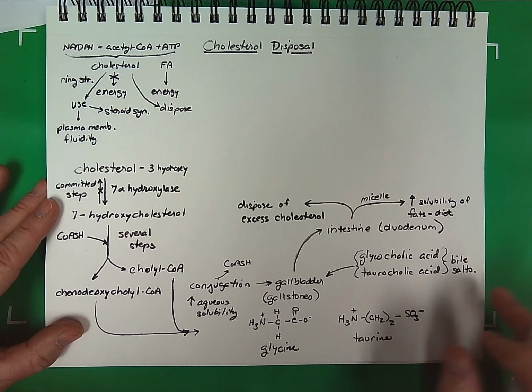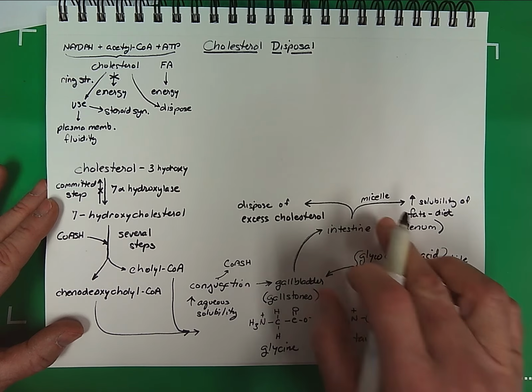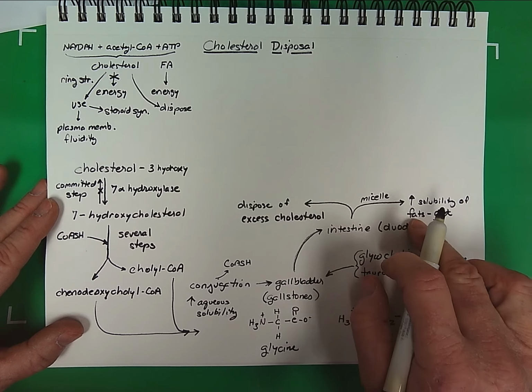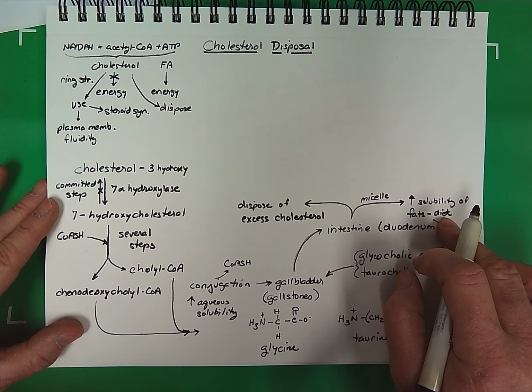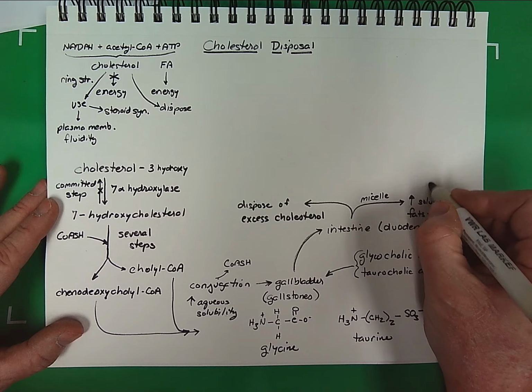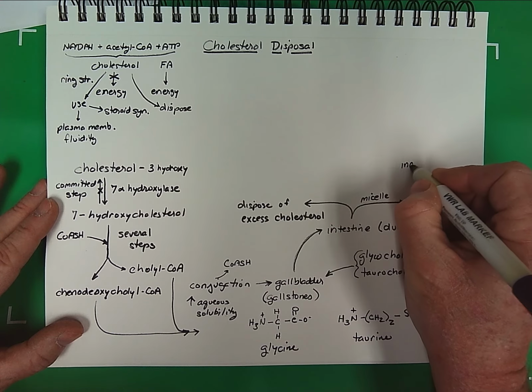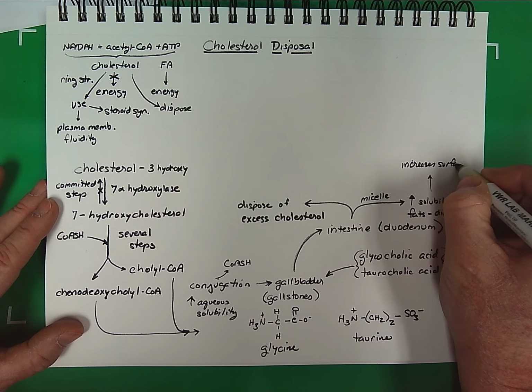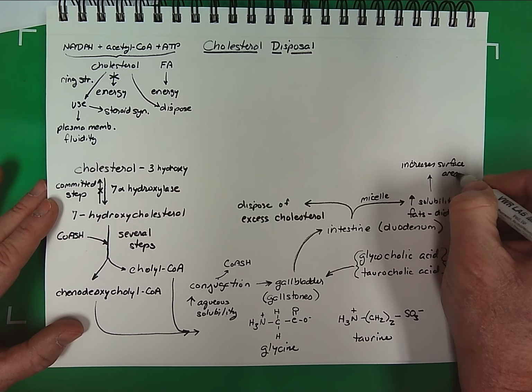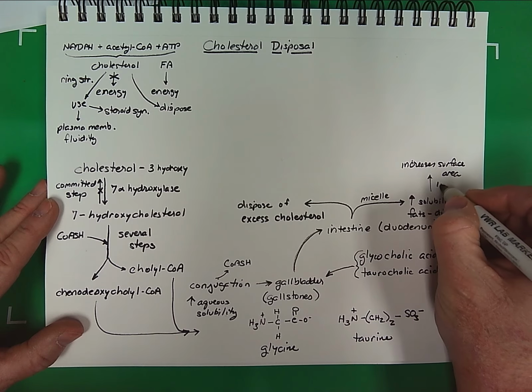The micelle structures are the bile salts intercalating into fat droplets that we have in our intestine from our diet. What this does is it increases the surface area for lipase activity.